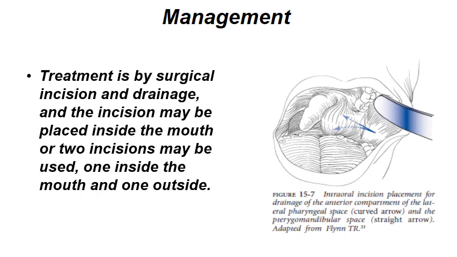Surgical management is done by an intraoral incision along the anterior border of the ramus of the mandible, and on the right hand side figure you might find the direction of introducing the hemostat to drain the abscess. The curved arrow points to the lateral pharyngeal space, while the straight arrow points to the pterygomandibular space.